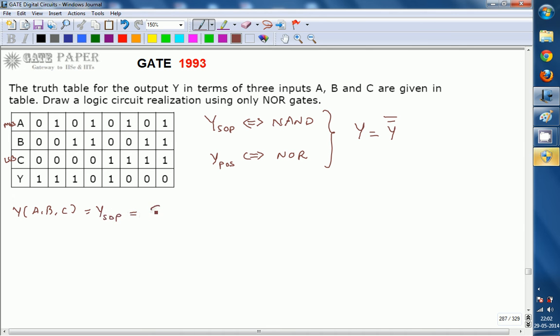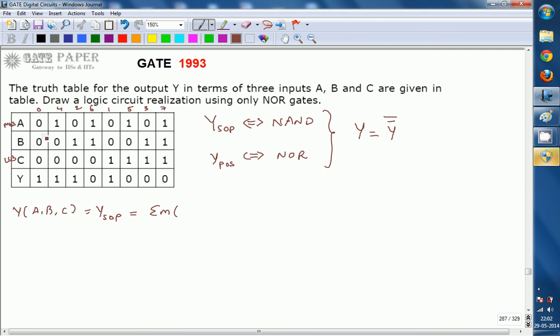For the SOP expression, you have to write the minterms whose output must be 1. The minterms in ABC form are 0, 4, 2, 6, 1, 5, 3 and 7.